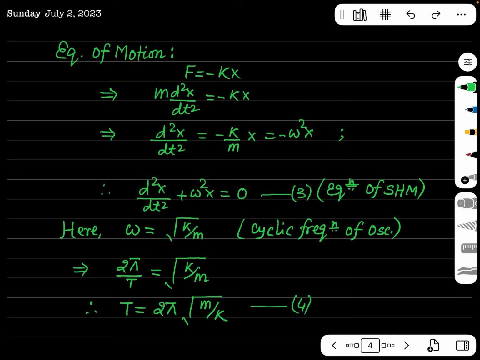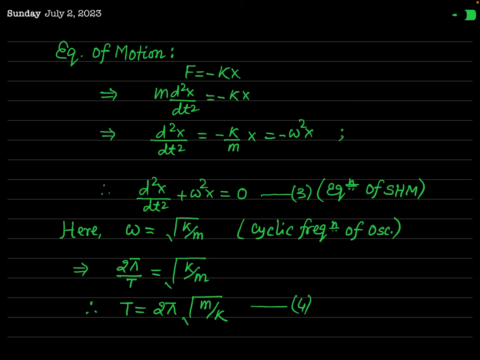As you can see, we have obtained that F is equal to minus kx, but according to Newton's second law of motion, what will be this resultant force F? F is equal to the product of mass and acceleration. Since x is the displacement at time t, acceleration will be d2x by dt square. So instead of F, you can write m times d2x by dt square, and that will be equal to minus kx.